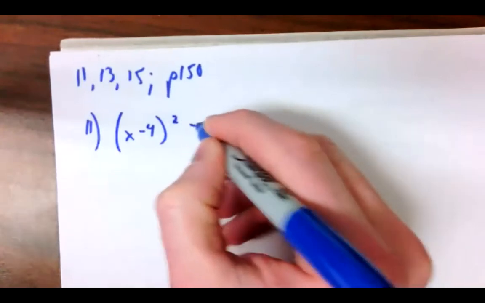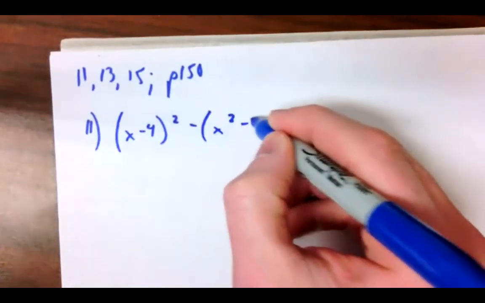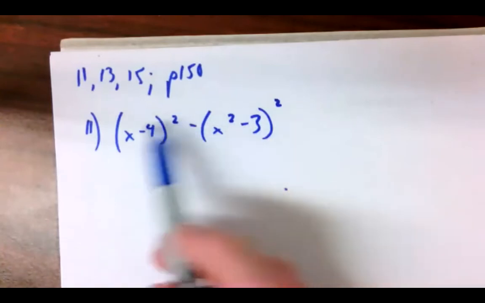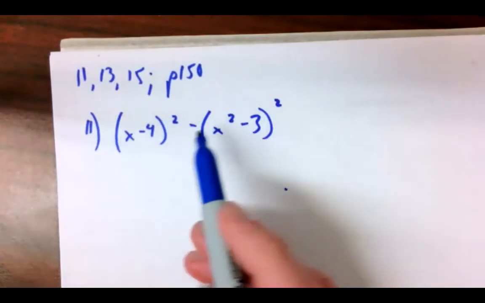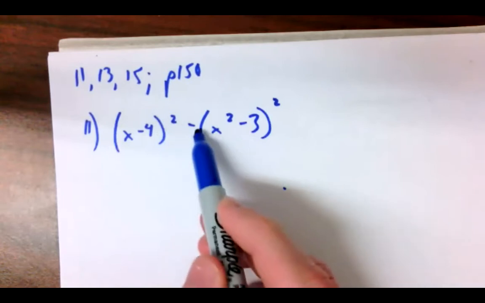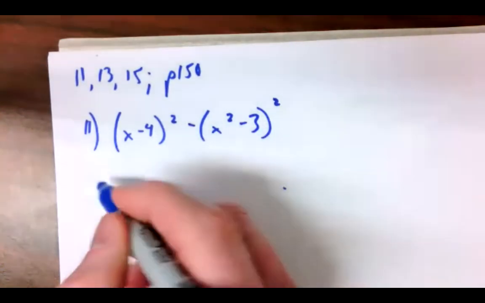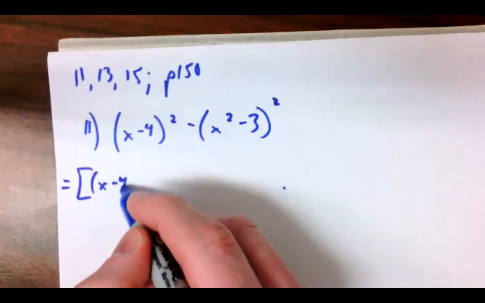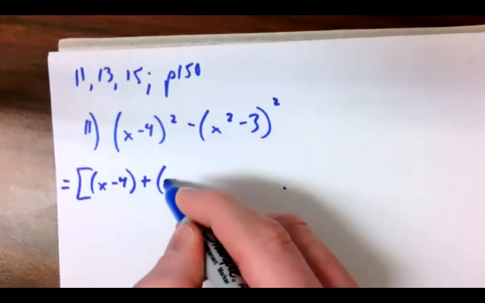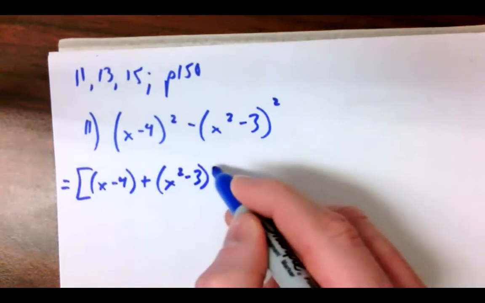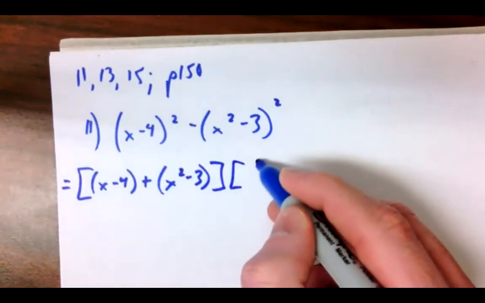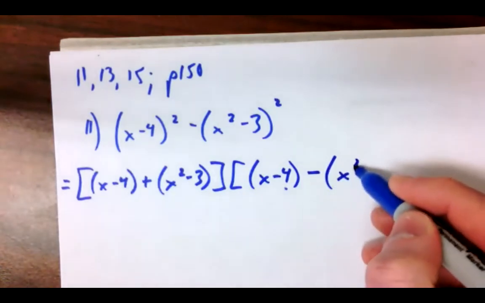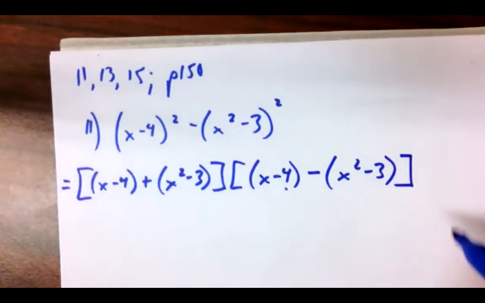x minus 4 squared minus x squared minus 3 squared. This here is a difference of squares. It's this thing squared minus this thing squared. So we do x minus 4 plus x squared minus 3 times x minus 4 minus x squared minus 3.